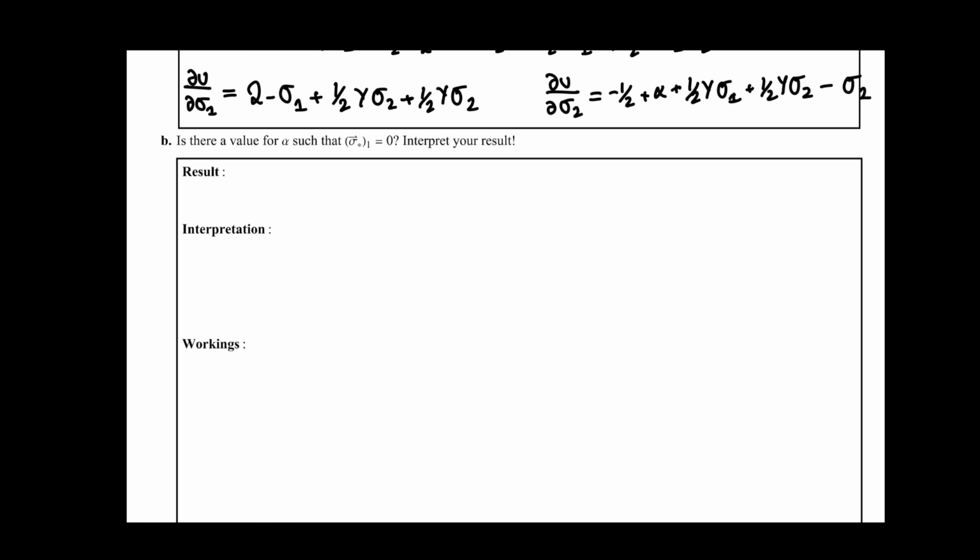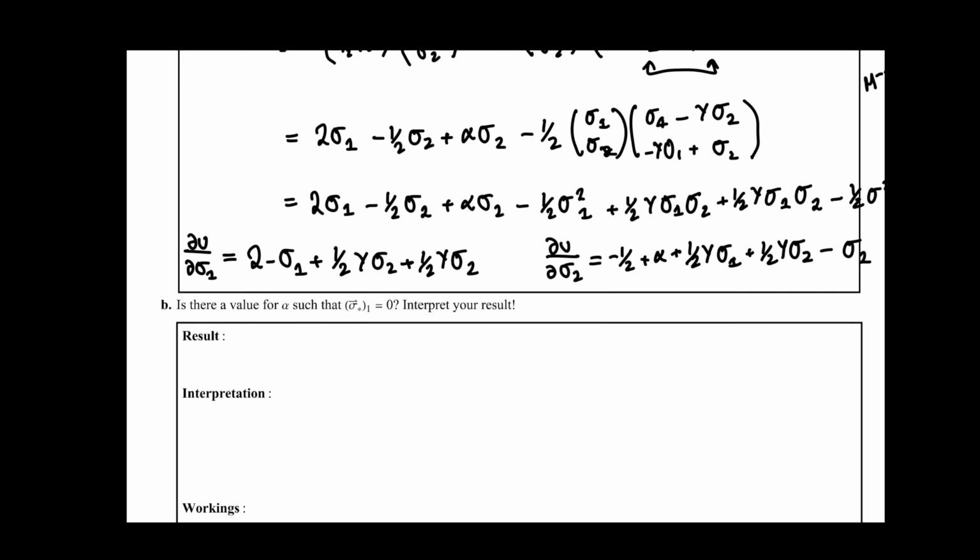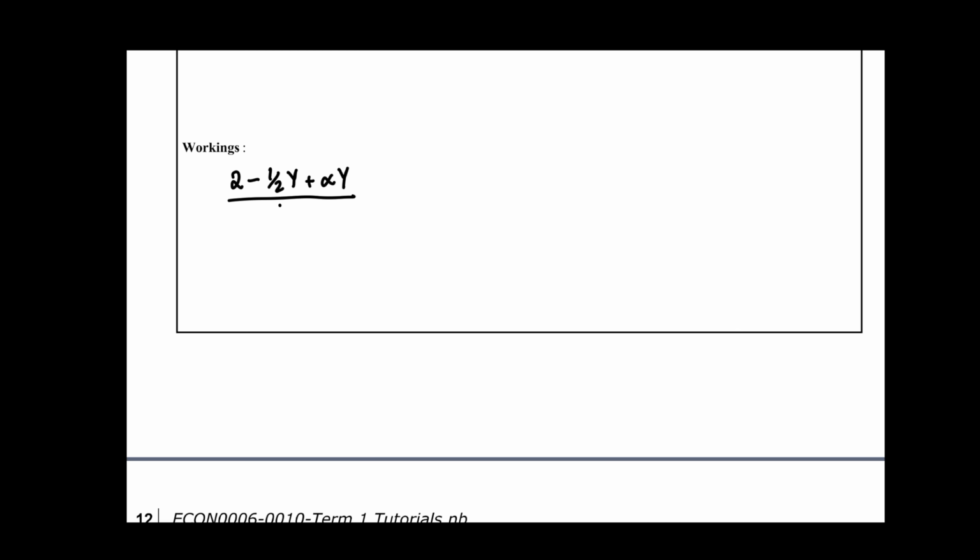Part B. Is there a value of alpha such that the optimum value of sigma 1 is equal to 0? To work that out, we need to take 2 minus a half y plus alpha y and equate it to 0. When we do that, we get 2 minus a half y plus alpha y is equal to 0.